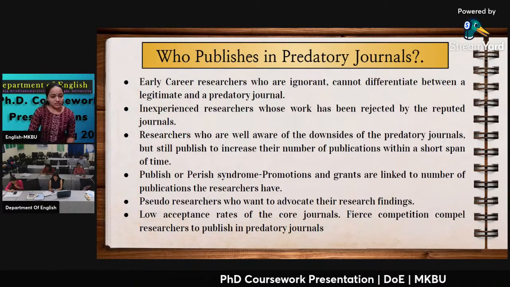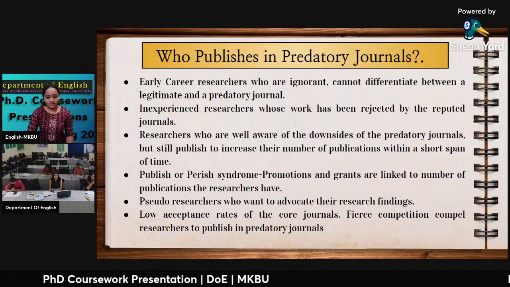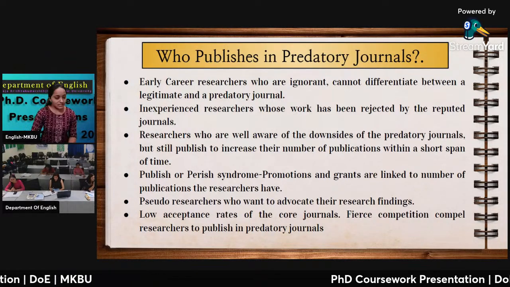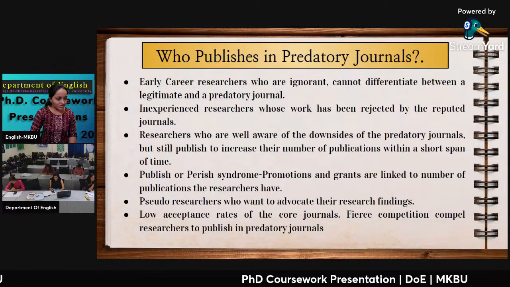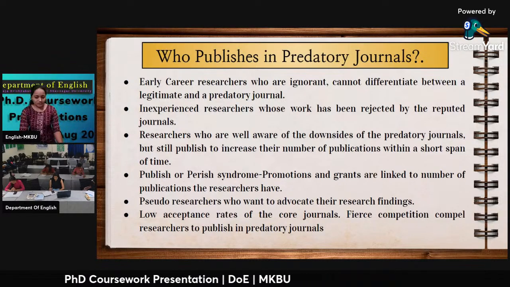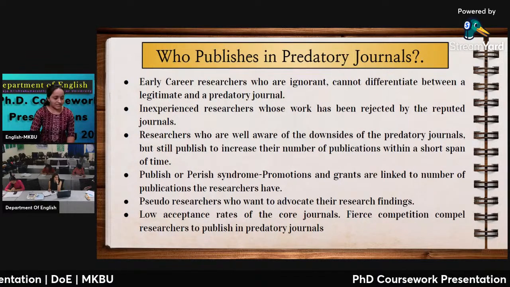There is the publish or perish syndrome: promotions and grants are linked to the number of publications researchers have. Pseudo researchers who want to advocate their research findings publish in these journals. And because of low acceptance rates, the fierce competition at core journals compels researchers to publish in predatory journals.